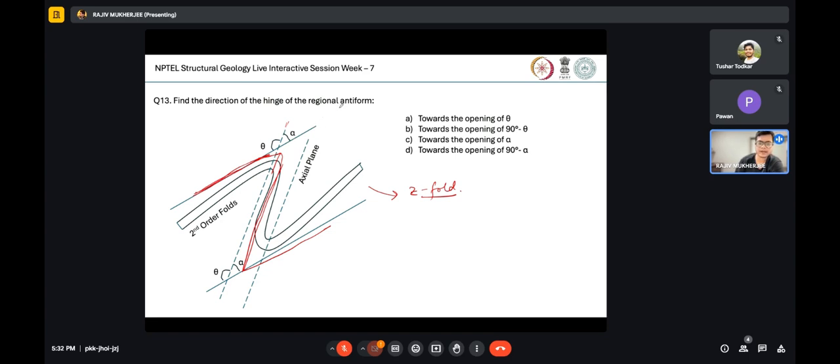Since we are talking about an antiform, the Z fold will always form on the left limb of the antiform.